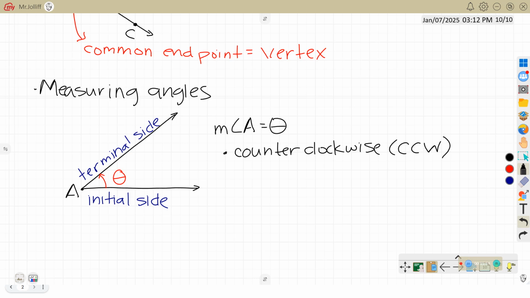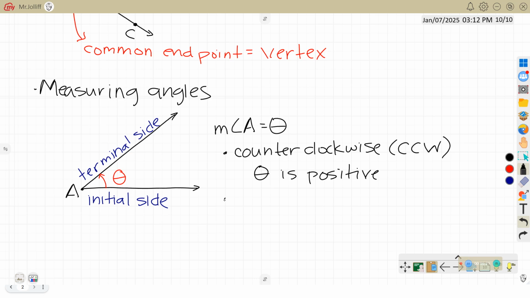If you measure an angle counterclockwise, the number you get will be positive. In other words, counterclockwise is the default. Mathematicians by default go counterclockwise in a coordinate plane. We start at the positive x and then we rotate up towards y. That's a positive angle.